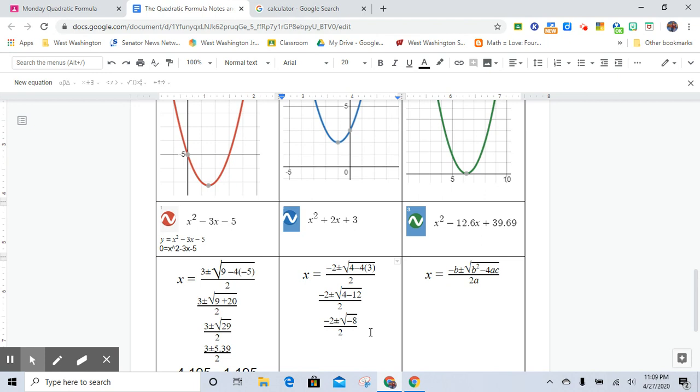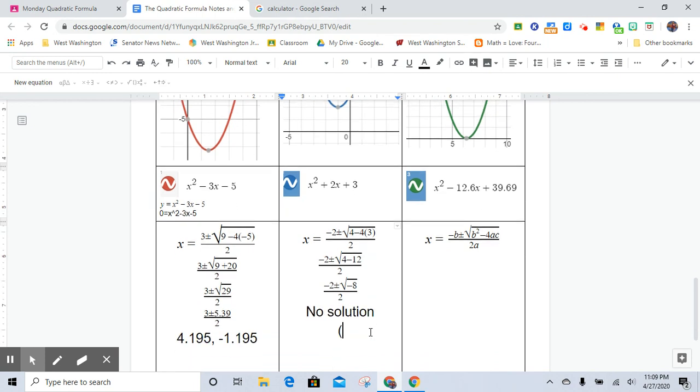This is just no solution, and that is because there is a negative under the square root. That means that there's nowhere that this is going to touch the x-axis.